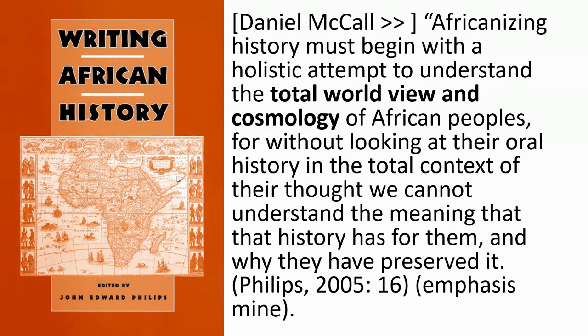In the text Writing African History, edited by John Edward Philips, the author Daniel McCall reminds us that Africanizing history must begin with a holistic attempt to understand the total worldview and cosmology of African peoples. And if you don't understand the cosmology, you will not understand how the people see themselves in relationship to existence and how they govern their societies.